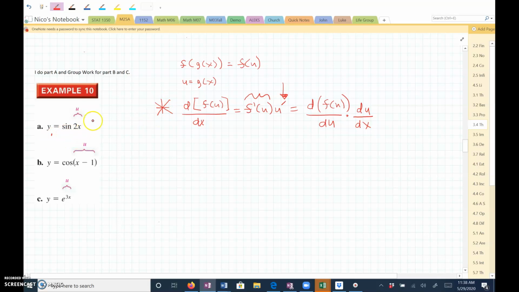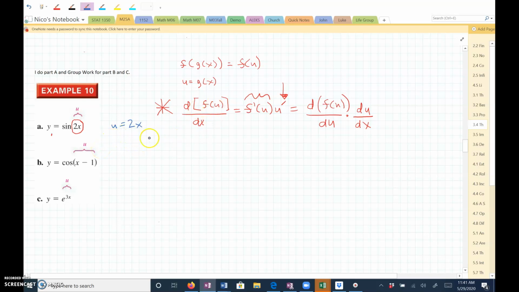So let's look at this one. Okay? So u is this guy here. We know that u is equal to 2x for this problem.